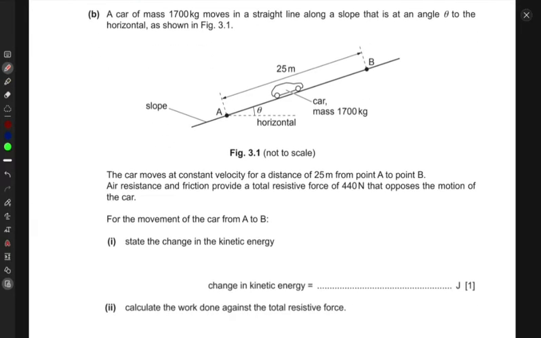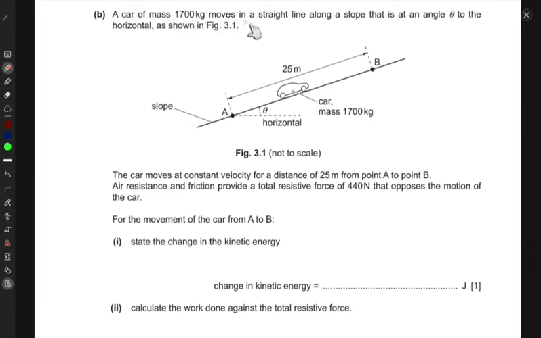Now, part B says that a car of mass 1700 kilograms moves in a straight line along a slope that is at an angle theta to the horizontal. You can see that this is the car, moving on a slope inclined at some angle theta to the horizontal. It starts its journey from A and goes to B, covering a distance of 25 meters.